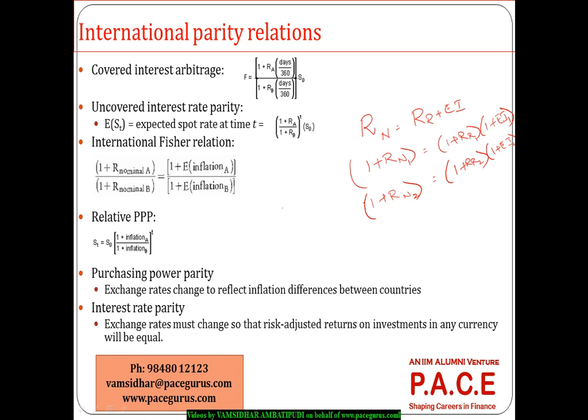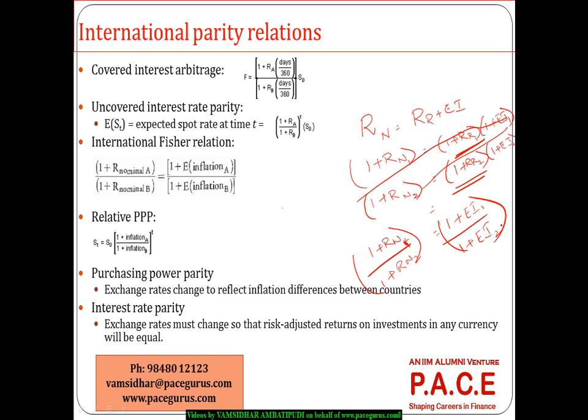And probably if I divide it across, I could say 1 plus nominal rate in country 1 divided by 1 plus nominal rate in country 2, under the assumption that the real rate in both the countries is more or less the same. We could very well say that this is working out as 1 plus expected inflation in country 1 divided by 1 plus expected inflation in country 2.